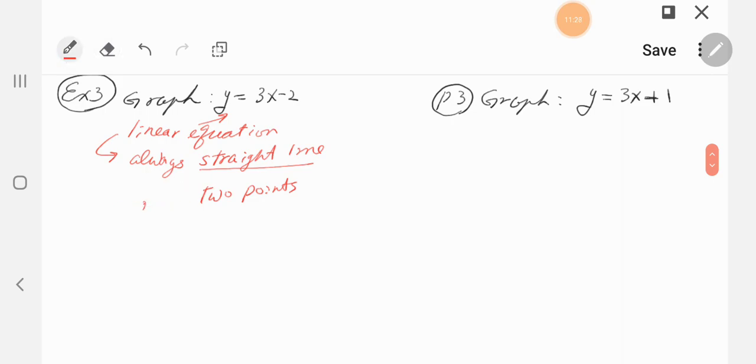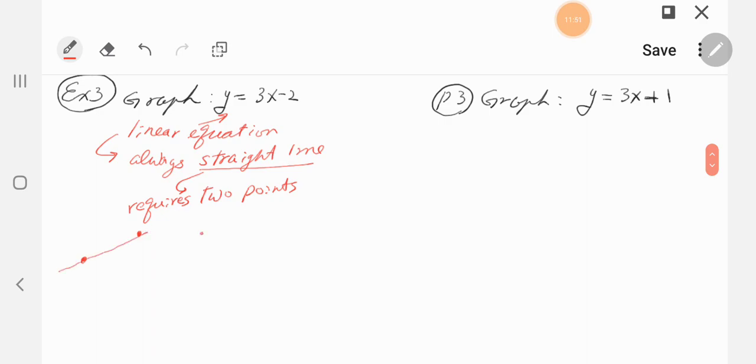It requires 2 points. Why? Because look at this. Here is one point, and another point. Then the straight line that contains these 2 points is straight, right?